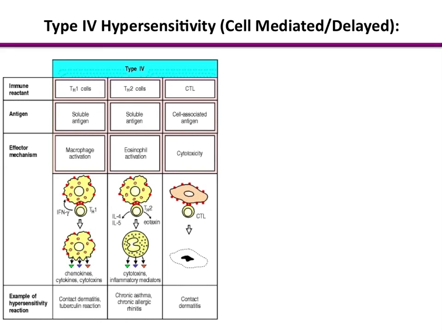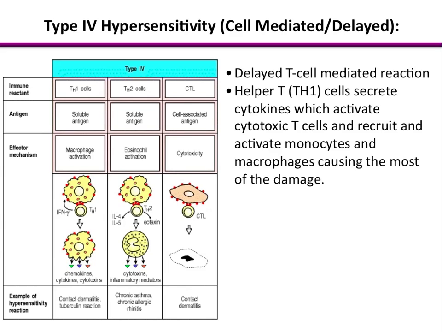Then we have type 4 finally, which is called cell-mediated or delayed hypersensitive reaction, and we talk about delayed T-cell mediated reactions here, where the T helper type 1 cells secrete cytokines which activate the cytotoxic T cells and recruit and activate monocytes and macrophages, causing most of the damage.